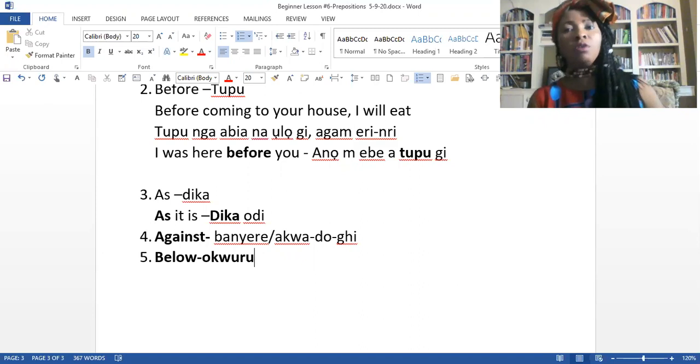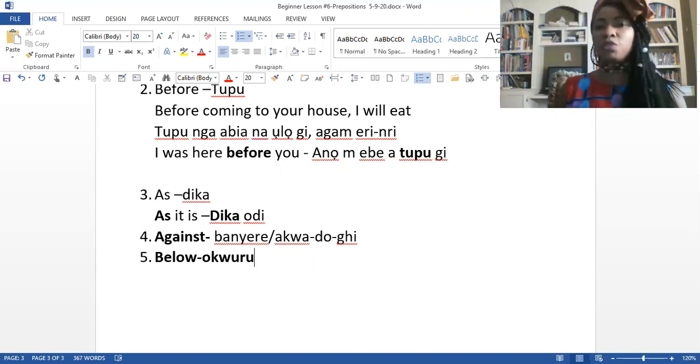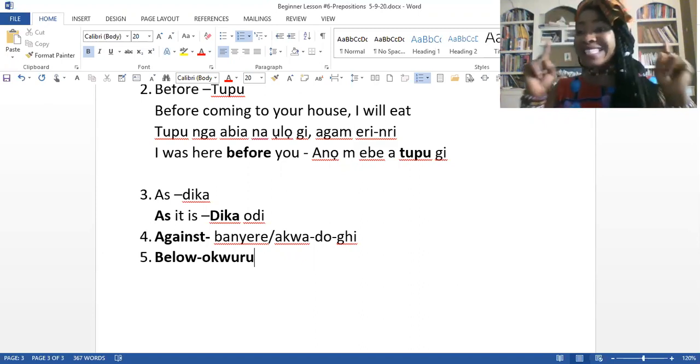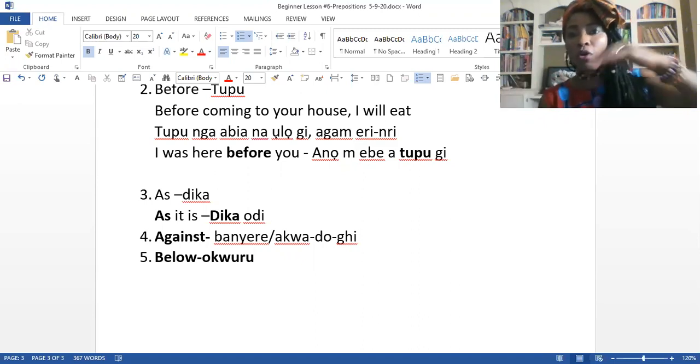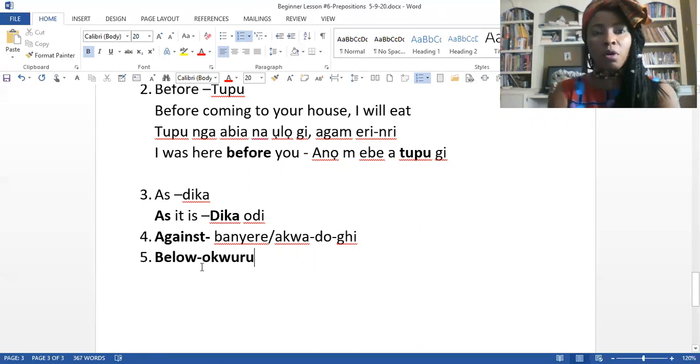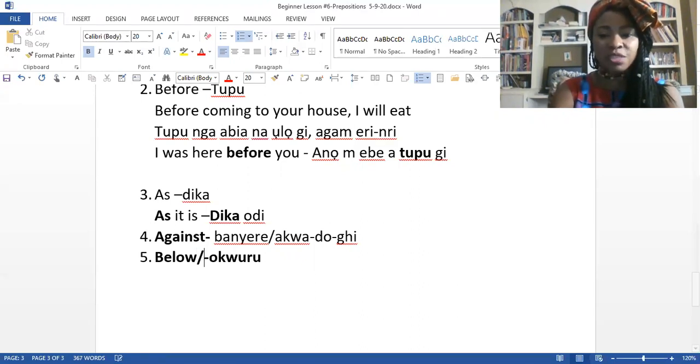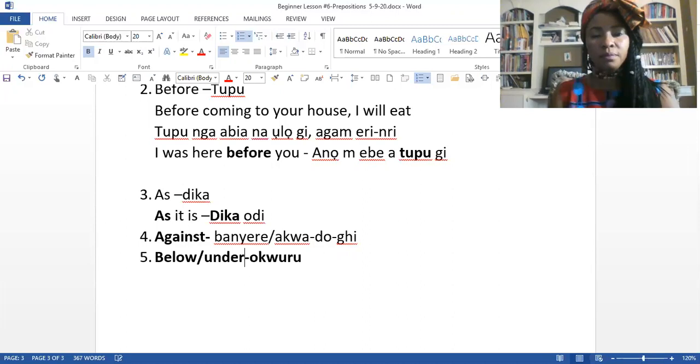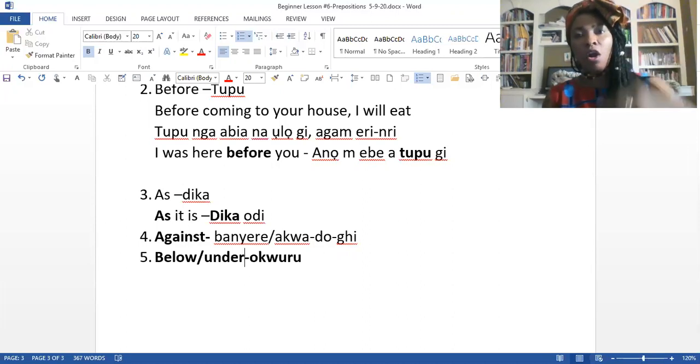It is below the table there. It is just under. When you say okpuru, below, under something. Okpuru is below. When you say below, you can say under as well. Na okpuru oche, under the table. You can say under the table.